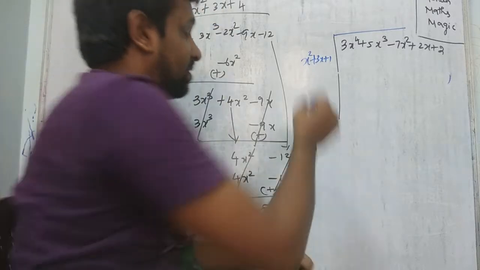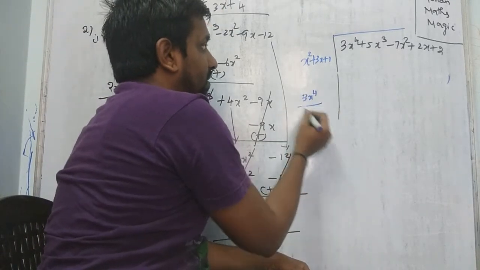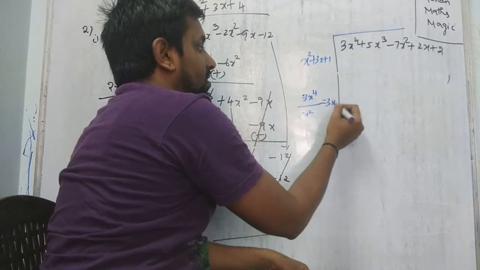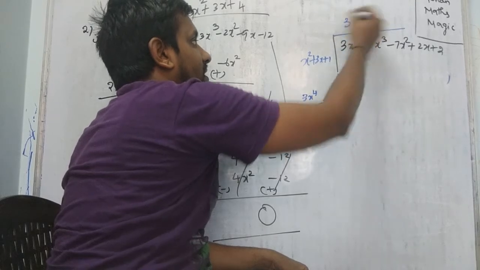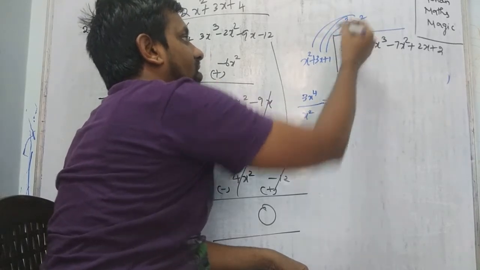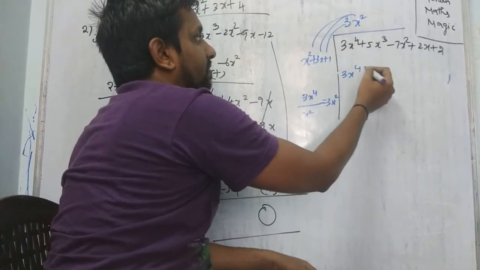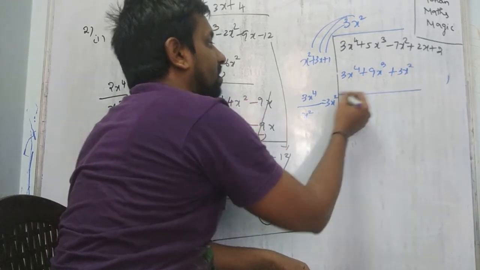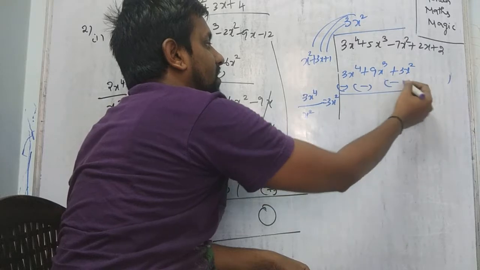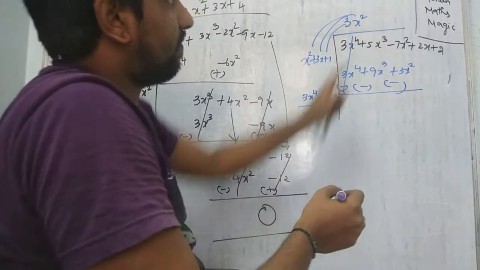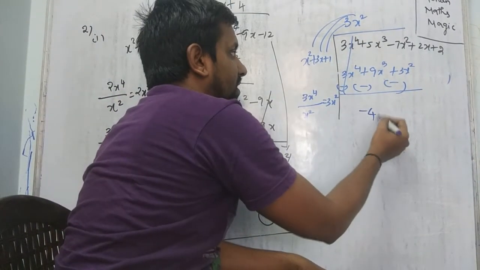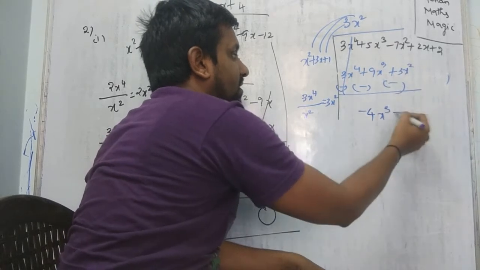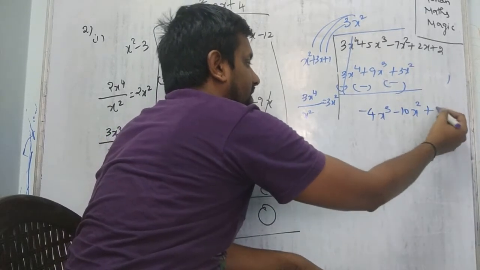Okay. Now first term by first term. 3x to the power 4 by x square, I got 3x square. Put 3x square on top. Multiply with all the terms. I got 3x to the power 4, 9x cube, 3x square. Change the symbol. Cancel it. 5 minus 9 is minus 4, minus 7 minus 3 is minus 10.